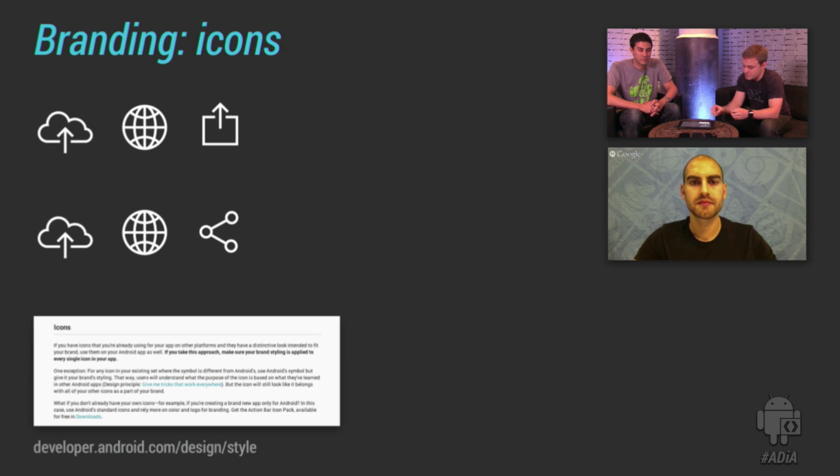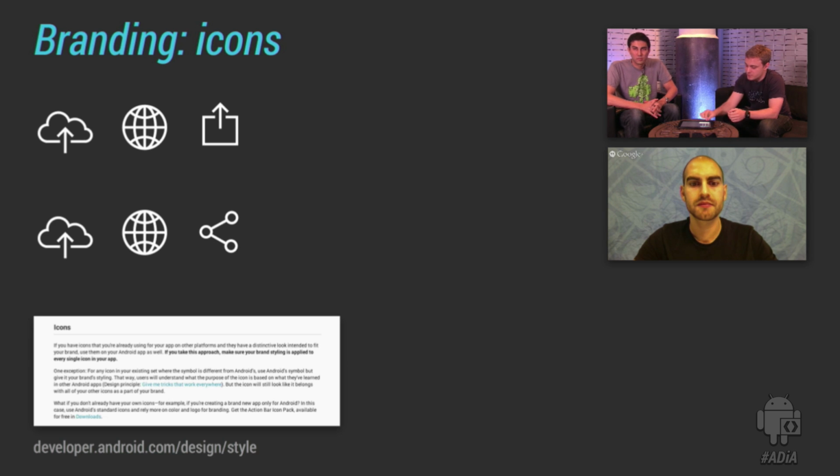To summarize, when you're coming from other platforms or when you have an existing visual style for your icons, make sure that if there's something in the Android icon palette that is universal, for example sharing or refresh, you apply your visual style to Android's iconography. So use the actual icon from Android's palette, but apply your visual styling.